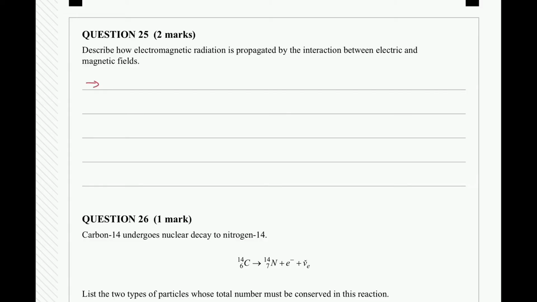So in this case, an oscillating charged particle will induce a magnetic field is going to be our first point.